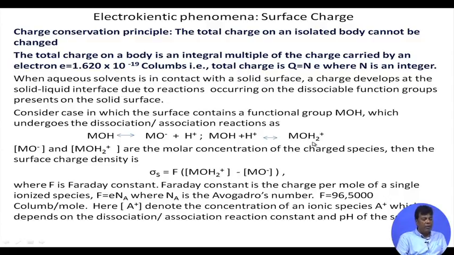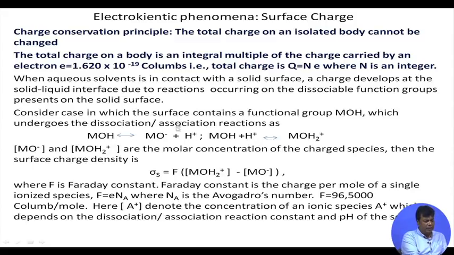Now, these H plus ions are related to the pH of the electrolyte, and the ionic concentration of the electrolyte can also influence this. The rate of reactions depends on the reaction constants. All the details I have omitted here; any basic electrokinetics book will discuss these reactions.